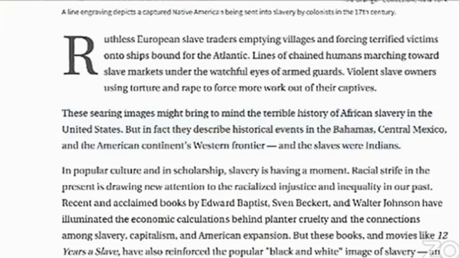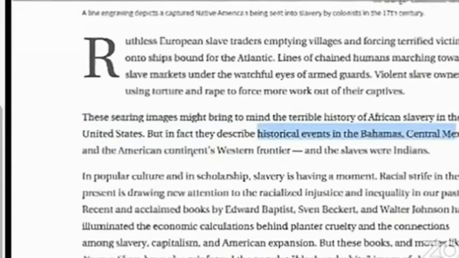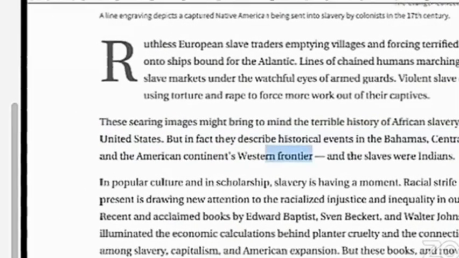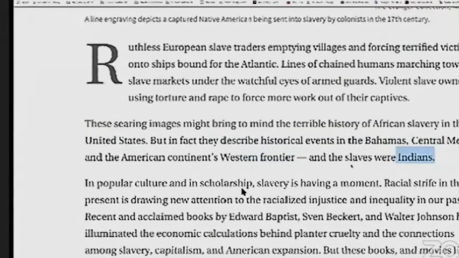They were Indians. These pictures they were putting in your head, what the movie Roots tries to put in your head, that they're Africans, are actually what happened in real historical events in the Bahamas, Central Mexico, and the American continent's western frontier. And these slaves were your ancestors, you so-called Negro Indians.